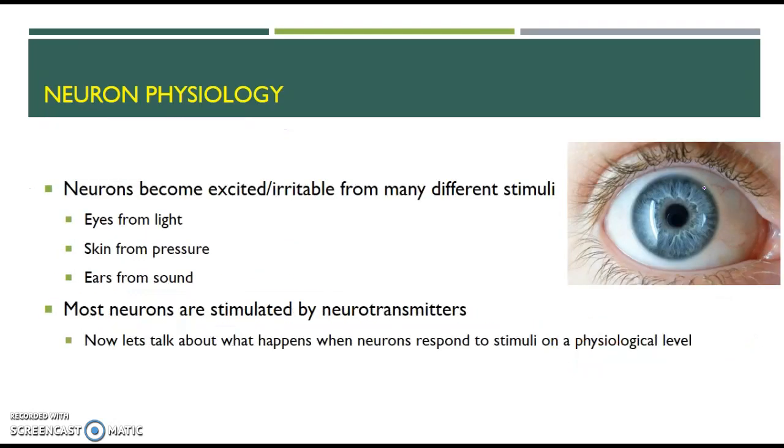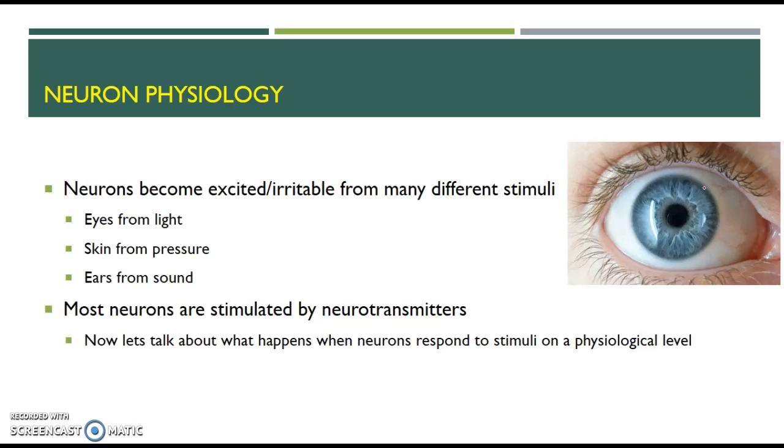So neurons become excited when they are stimulated. Just even looking at this video right now, you're stimulating a whole bunch of different receptors in your eyes and in your ears that are going to basically activate those neurons to send a message to your central nervous system.